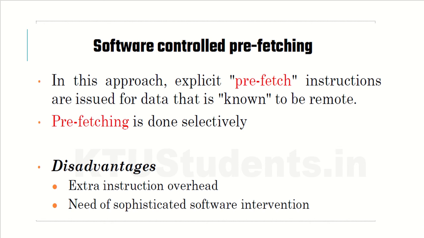This will be a selective approach, which means you have to pre-decide which data is remotely available and which data is locally available. Only when you have to deal with remote access data will you make a call to the prefetch instruction, and the prefetch instruction along with this remote data will be executed.